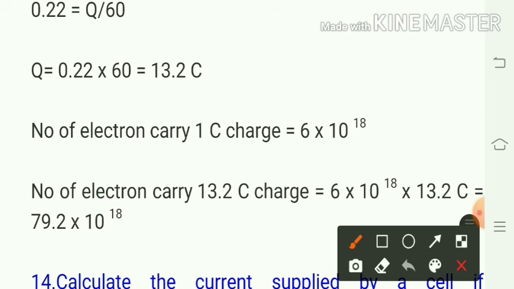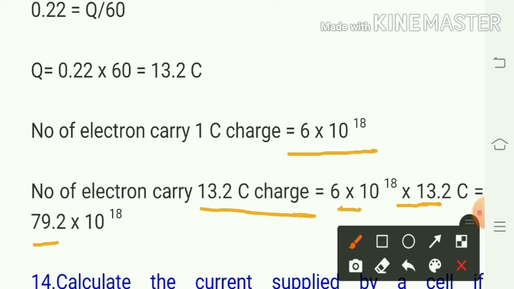The number of electrons carrying 1 coulomb charge is equal to 6 into 10 raised to 18. Therefore, we have to find the total number of electrons present in 13.2 coulomb of charge, which is 6 into 10 raised to 18 into 13.2.